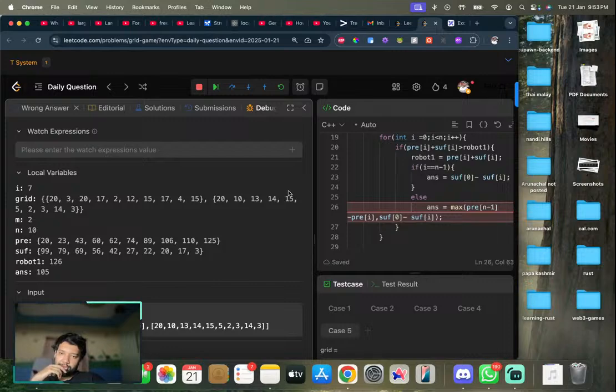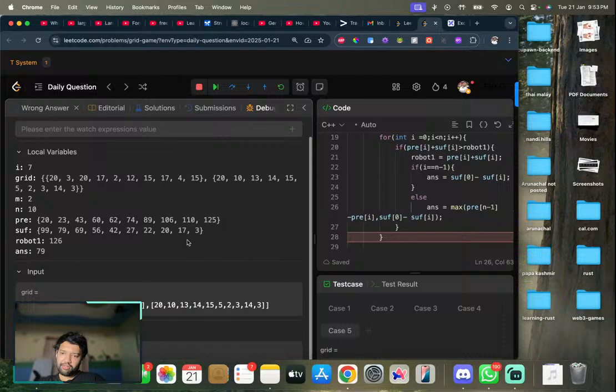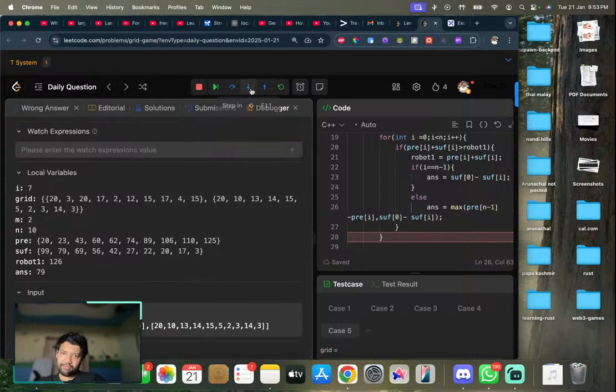99 minus 20 is 69, which is a working 69. It will become 69. 79, 79. 110, 127, 127 is greater. Yep.